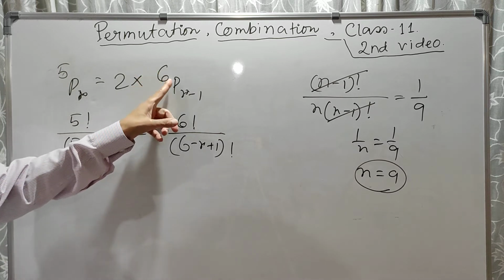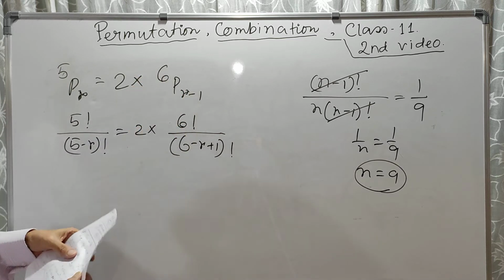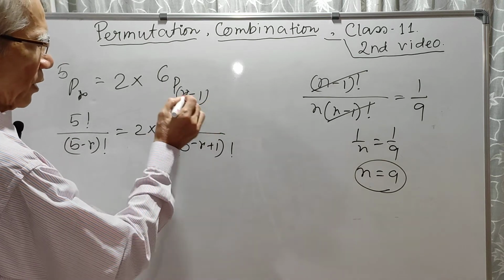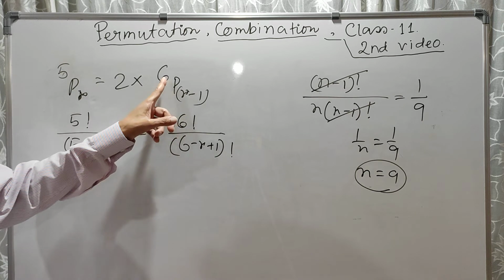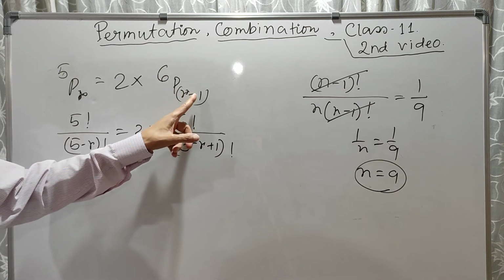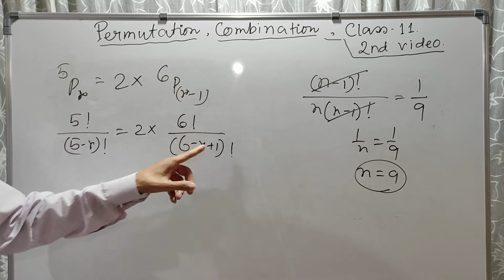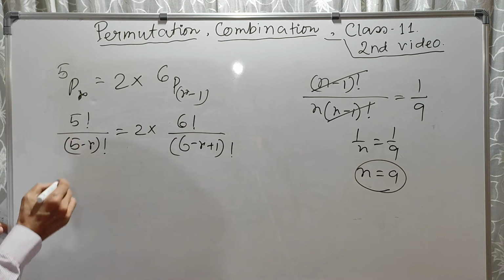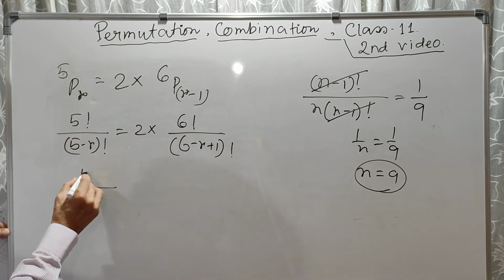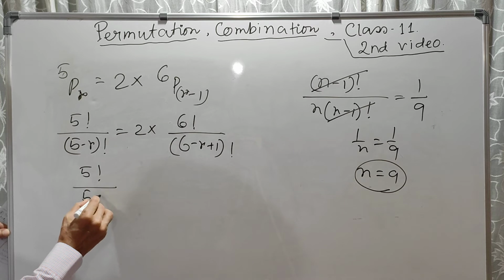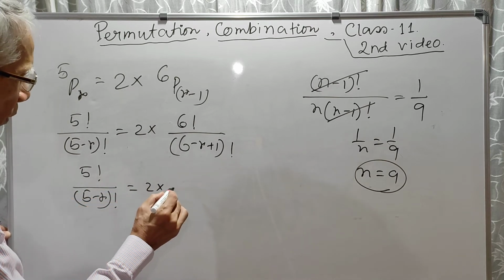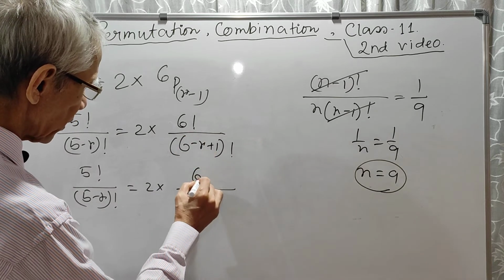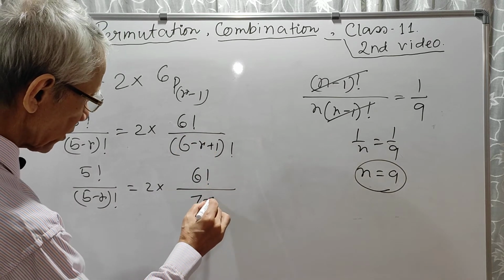And here this NPR, consider this is n, this is r. So factorial n, that is 6 factorial, and this minus this, 6 minus r plus 1, isn't it? Then this is 5 factorial, this is 5 minus r factorial, okay, equal to 2 into, now this is 6 factorial, this is 7 minus r factorial.